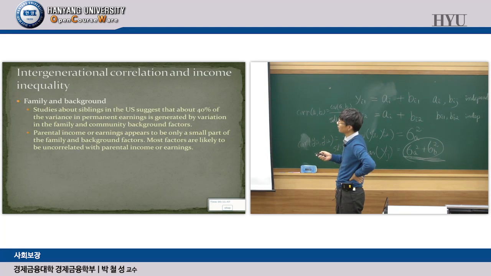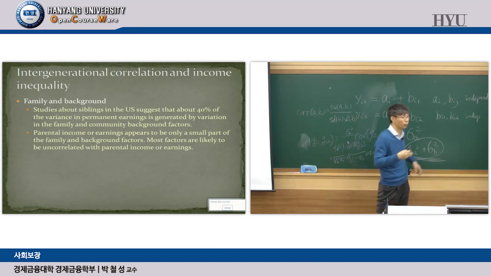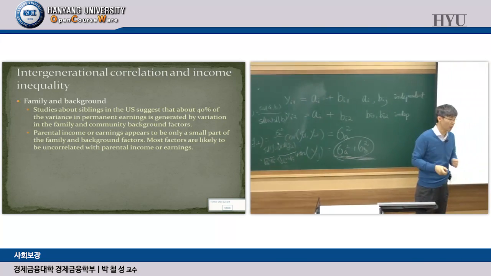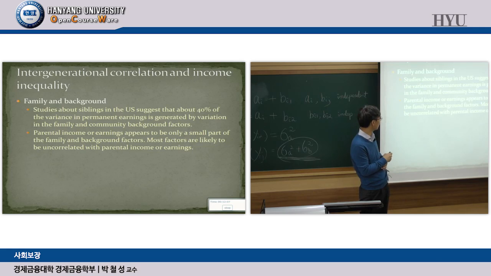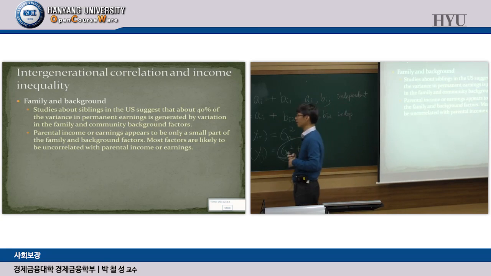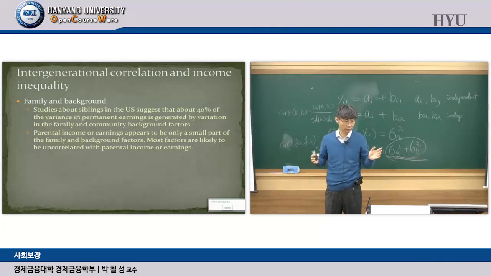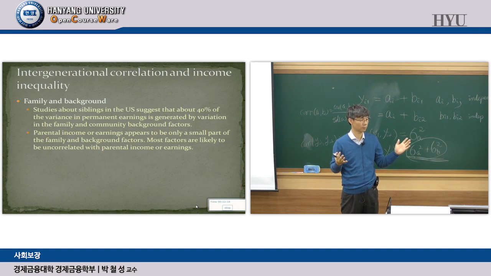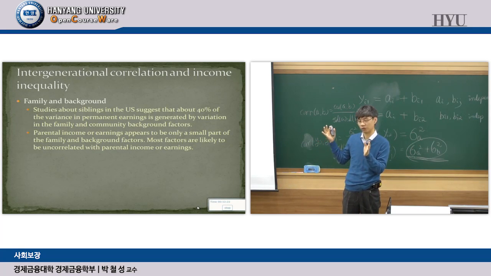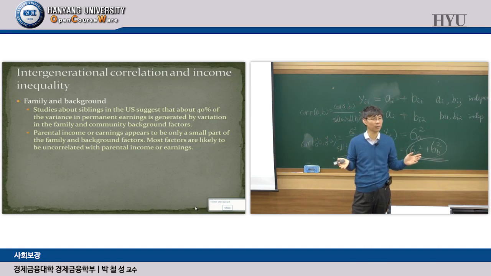Then what are the factors inside the family and background? They look at various ways, and not only economists, sociologists also look at it. What happens is that parental income or earnings itself seems to be a small part. There are lots of things that are uncorrelated with parental income or earnings. You can think of it this way: even if parents of higher income are likely to have a child of higher income, that does not necessarily mean the income itself is important.